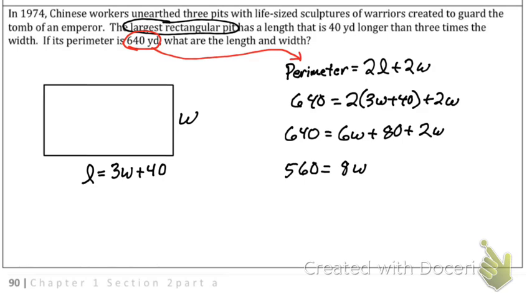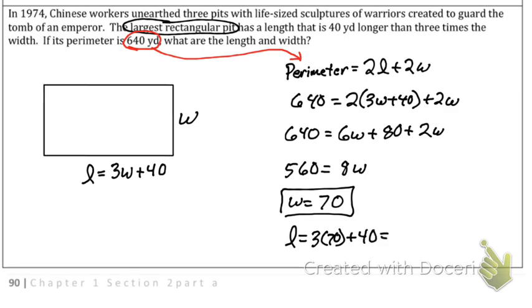Divide both sides by 8, and we should come up with W equals 70. So my width equals 70, and my length would equal 3 times 70 plus 40, which is going to equal 250. And I should attach, since they did give me yards, I should put yards on both of them.